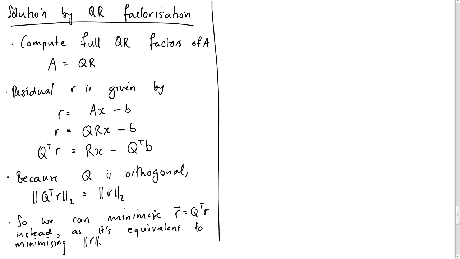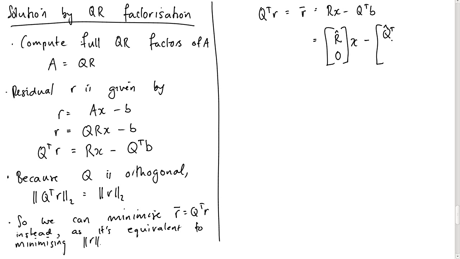Okay, so let's write this equation out in a bit more detail. So we've got Q transpose r equals r bar, which equals Rx minus Q transpose b. Now I'm going to write this in terms of the reduced QR factors. So that equals R hat, which is n by n and triangular, with some zeros underneath it, x, minus Q hat transpose and Qn transpose, as we defined in our QR factors lecture, b.